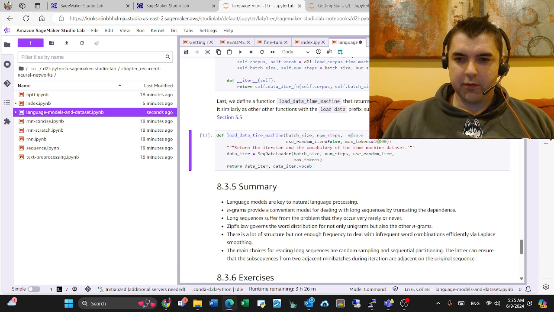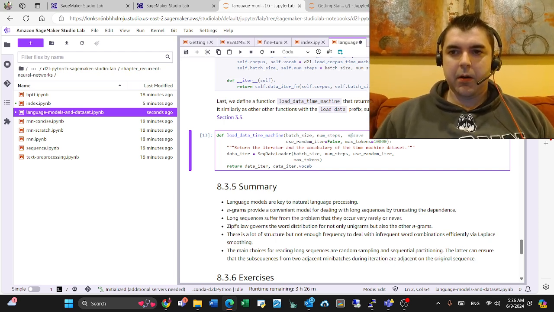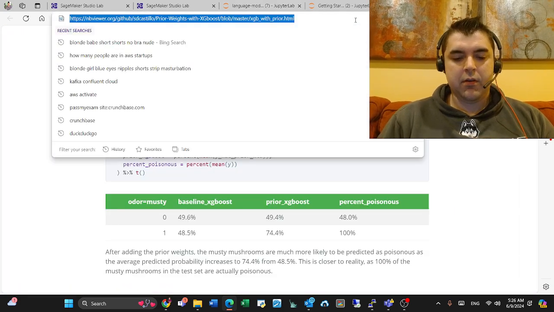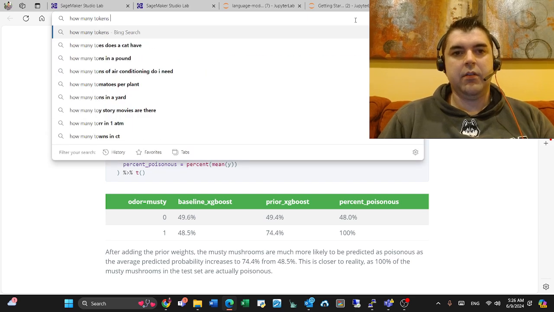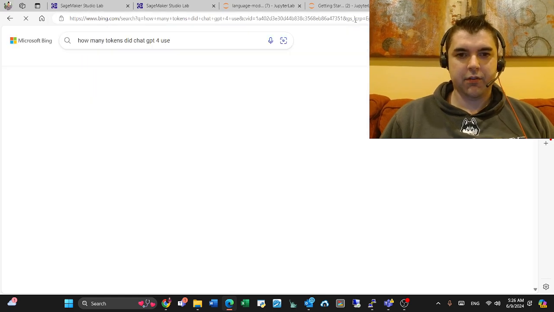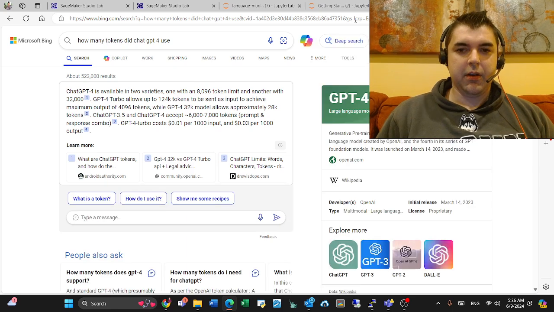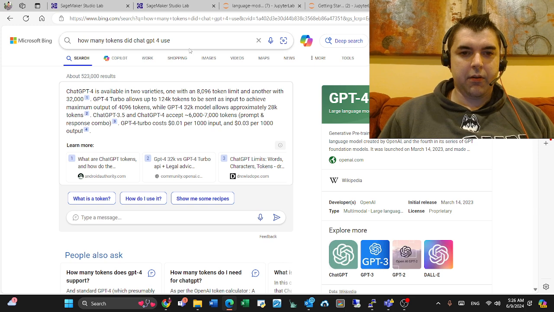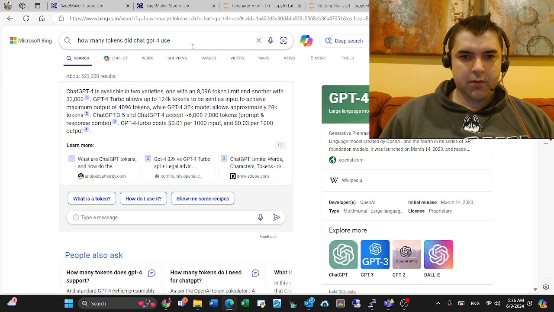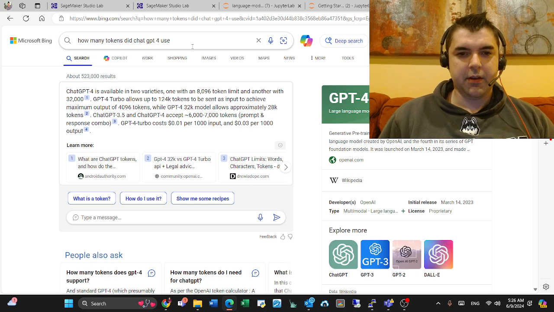So they're using max tokens of 10,000. And you look at some of the new GPT models, how many tokens did ChatGPT-4 use? It's trillions. Oh, I'm sorry, 8,000 token limit and another with 32,000. It allows for 1,024 tokens to be sent in as input.